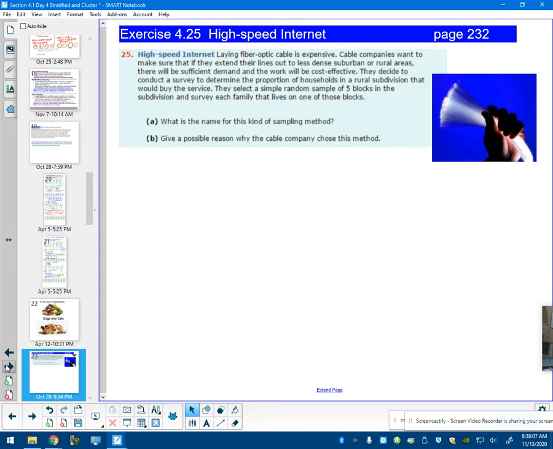High-speed internet, laying fiber optic cable is expensive, and some places out here in Bainbridge, I think, not too long ago, within the last 10 years, have just gotten some of the new high-speed cable stuff, right? We still have pockets in Bainbridge where the internet or the Wi-Fi stinks. Does anybody know where that is? Because I always lose my calls on the way home. The valley. Right before Treat Road.